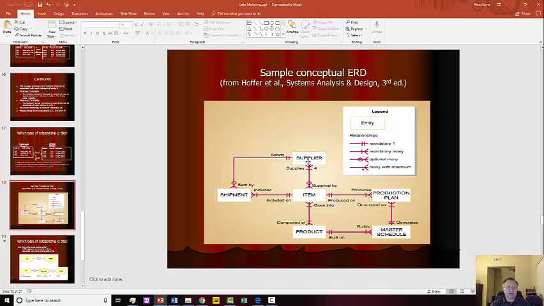So remember when I said minimum cardinality, sometimes that's called modality, is a business rule? Well, that's exactly described here. Someone made the decision an item must be connected to at least one supplier row, otherwise you can't have the item there.